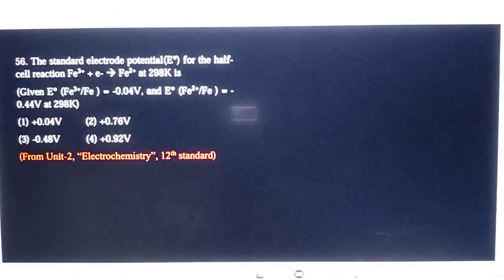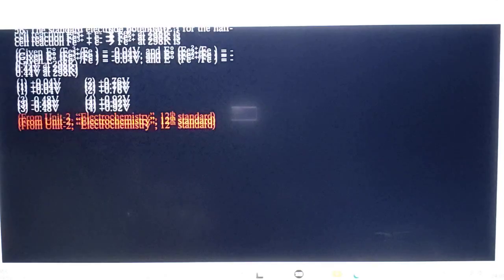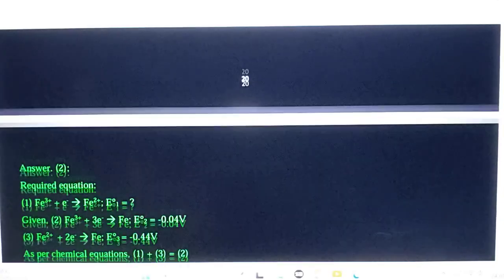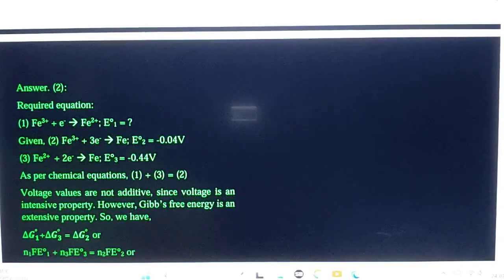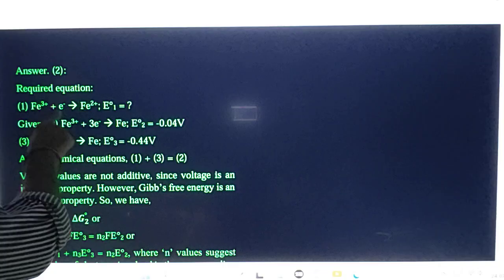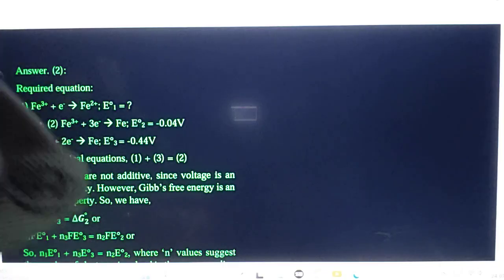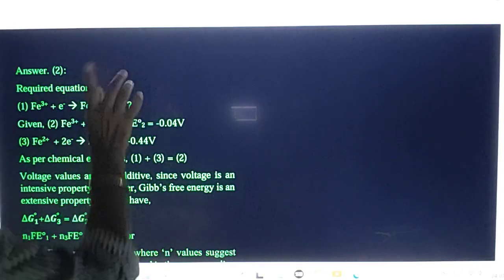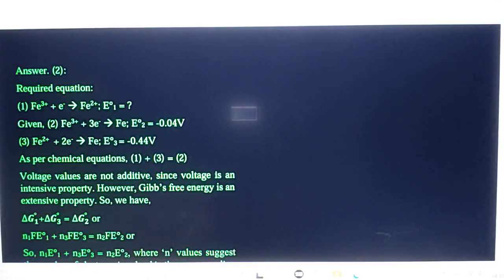The first thing is that you have to write the full equations for the given equations as well as the equation whose answer has to be found out. What is the required equation? The required equation is Fe3+ + e- giving Fe2+. Its voltage we have to find out. We mark it as E01.